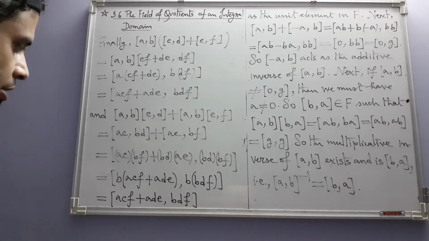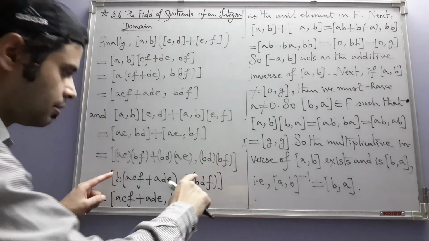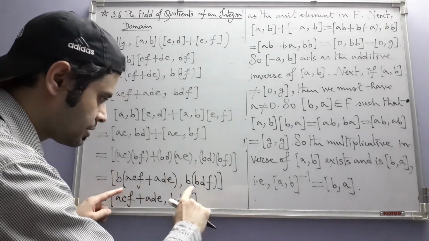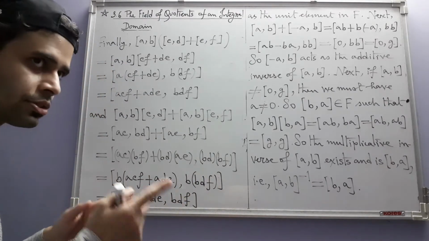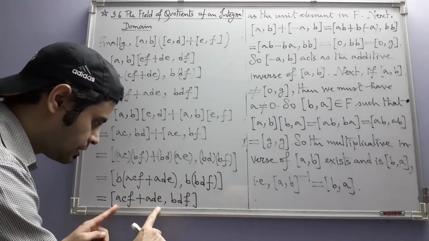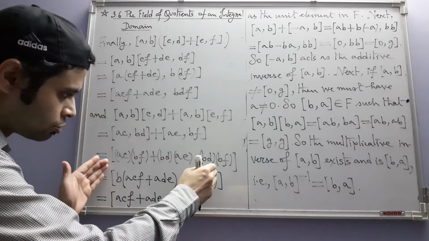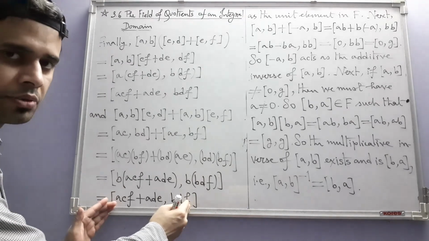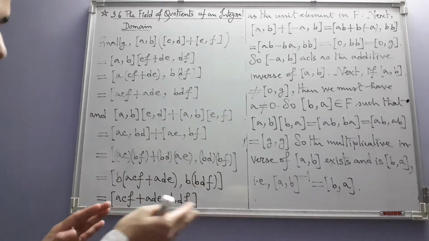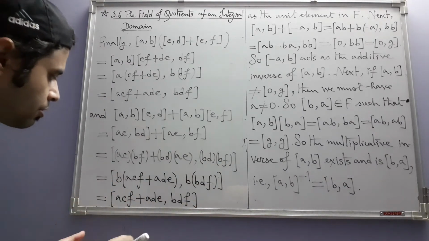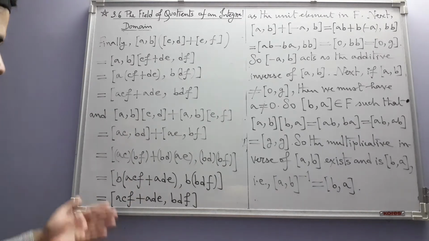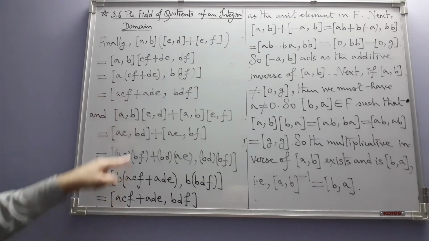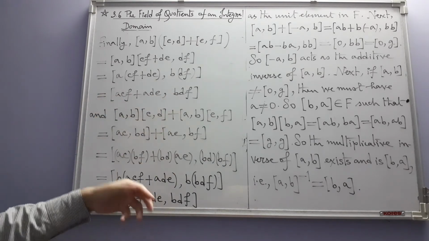For that, you consider the ordered pair where the first coordinate is this, the second coordinate is this. Also consider the ordered pair where the first coordinate is this and the second coordinate is this. Show that this ordered pair is related to this ordered pair according to our definition. From there you will conclude that these two are related and hence the corresponding equivalence classes are equal. So now you see acf, ade, bdf, so they are equal.